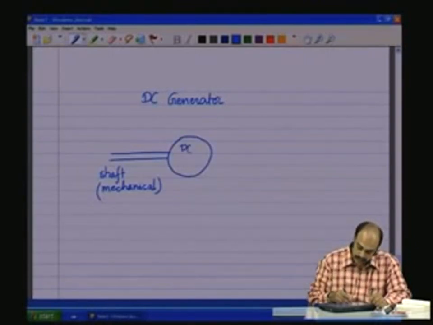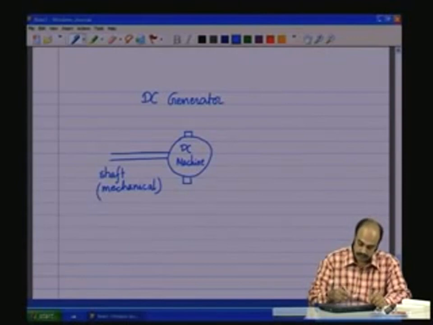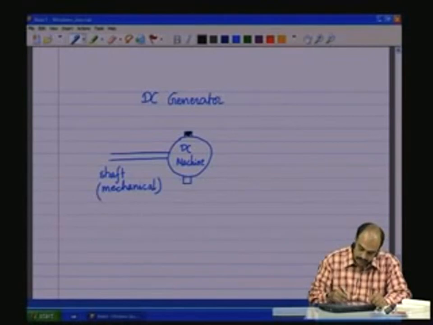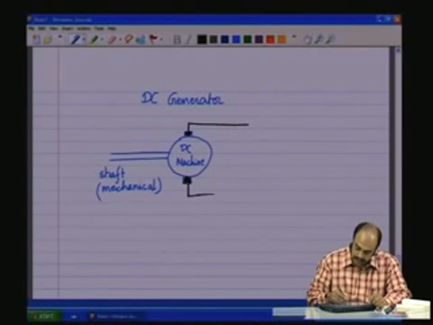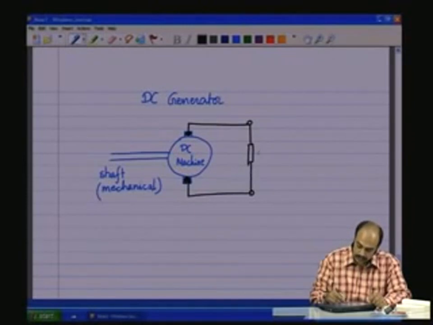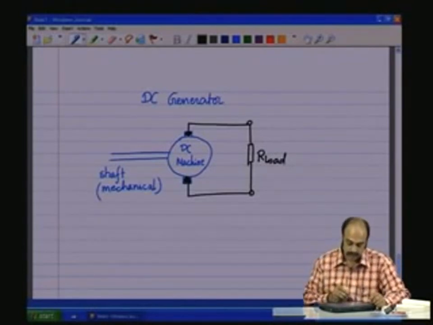This is the DC machine, goes through the magnetic domain and through the brushes, the power is fed to the external electrical circuit, the terminals of which are the load. It could be some load or it could be a load impedance. Okay, we will come to that.